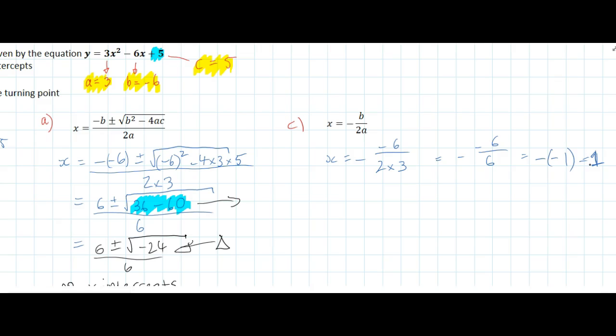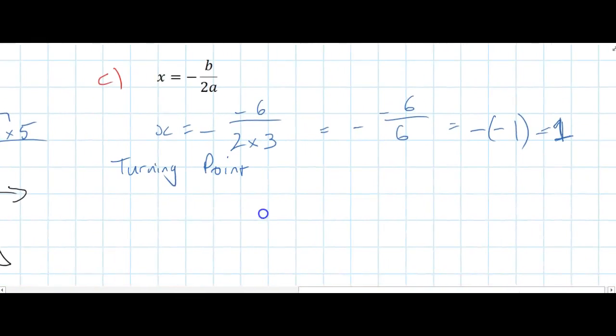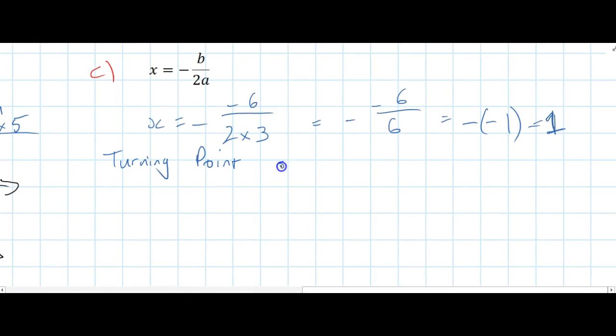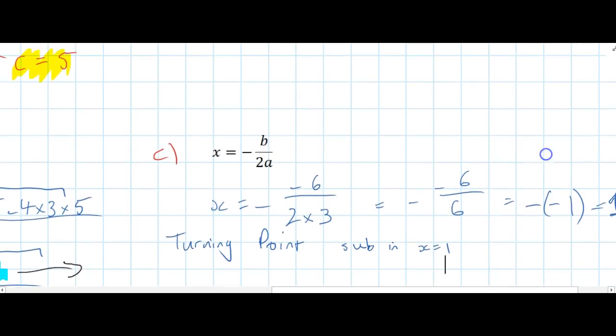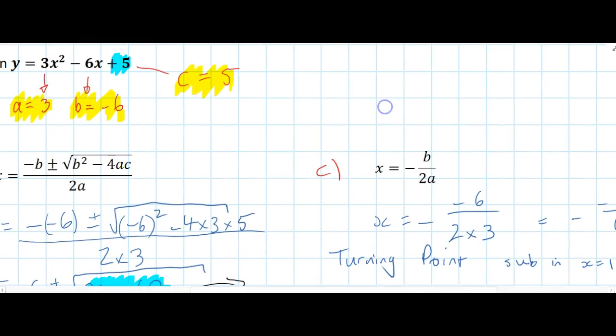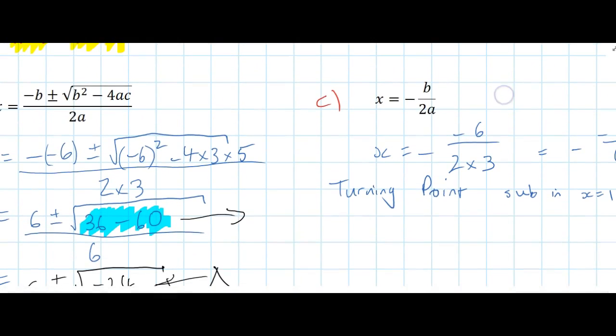So to find out the turning point, what we do is substitute x equals 1 into the original equation. Now, I have to look up here for what it was. So it was y equals 3x squared minus 6x plus 5.